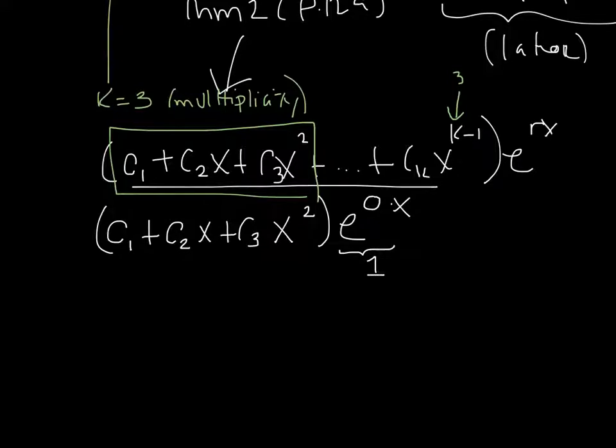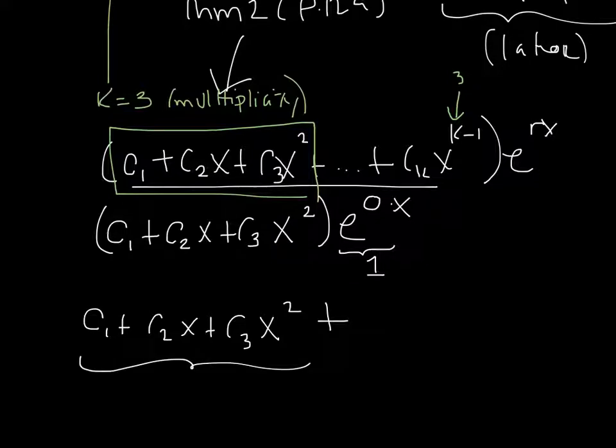So 1 times this whole thing is C1 plus C2 x plus C3 x squared. So that's done, but we still have a distinct root. This is the solution for the repeated roots, but we still have our distinct root.